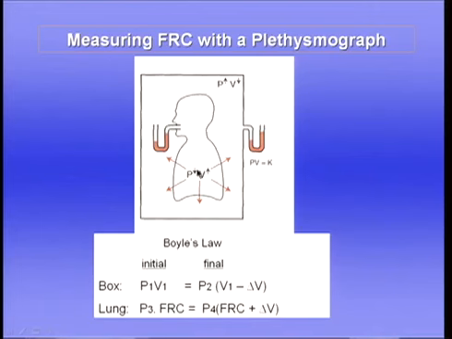And the reason is that the plethysmograph measures the total volume of gas in the lung, whereas the helium dilution only measures the volume of gas which communicates with the mouth. And sometimes these are different in a patient with lung disease. Sometimes there are obstructed airways, and therefore the helium dilution gives a smaller volume than the plethysmograph does. So that's sometimes useful information in patients with lung disease.